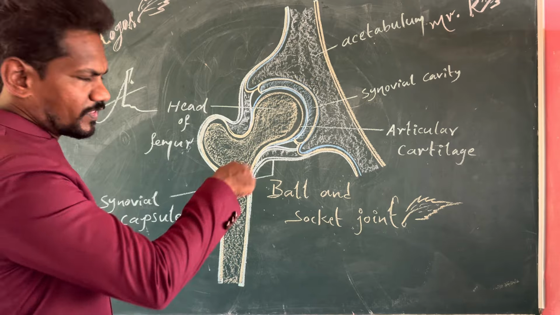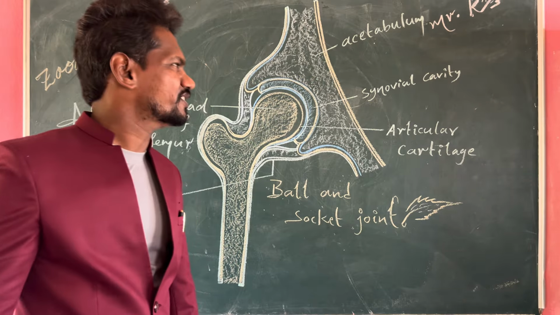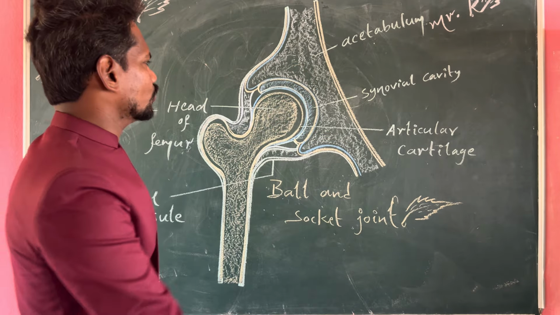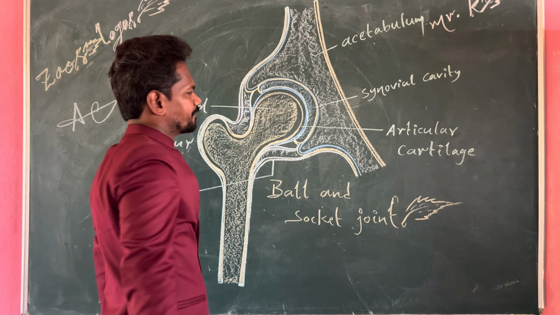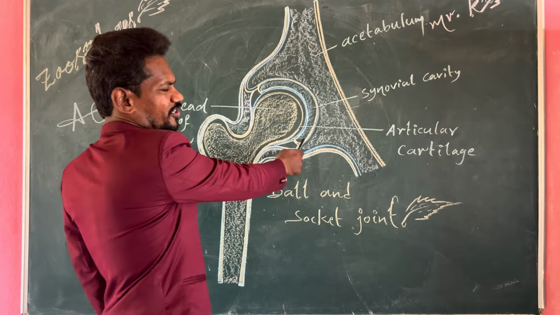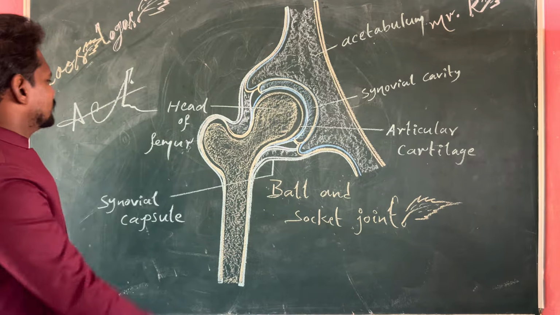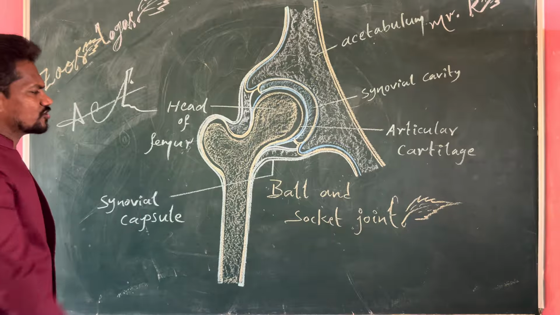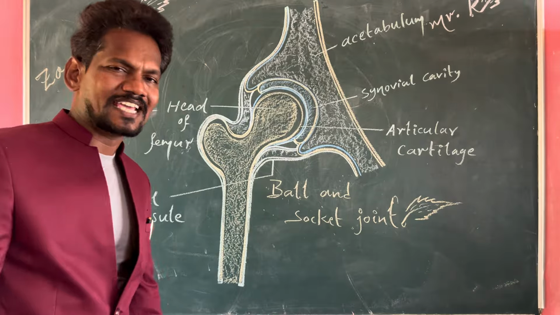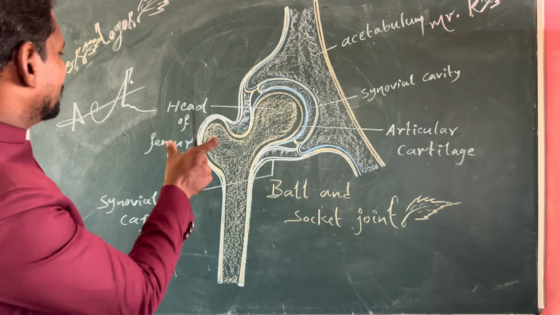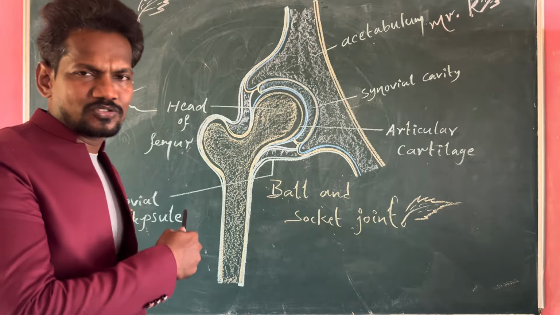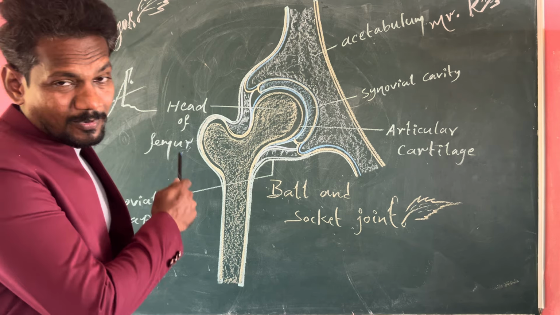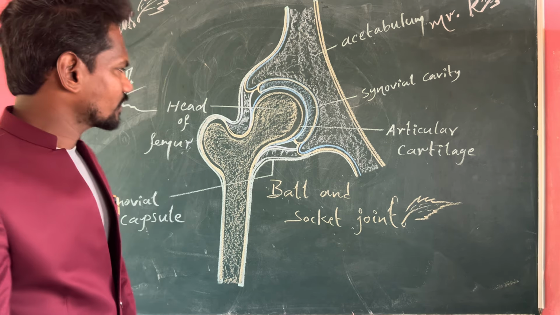Before that, the parts which are present in this: number one, acetabulum; number two, synovial cavity; then number three, articular cartilage; next one, head of femur bone; the last one, synovial capsule. So these are the parts related to this ball and socket joint. It is a type of synovial joint.